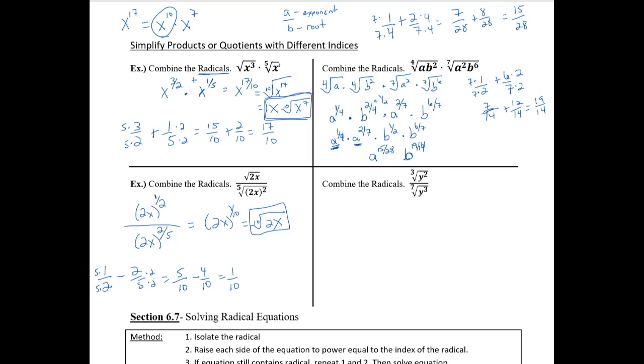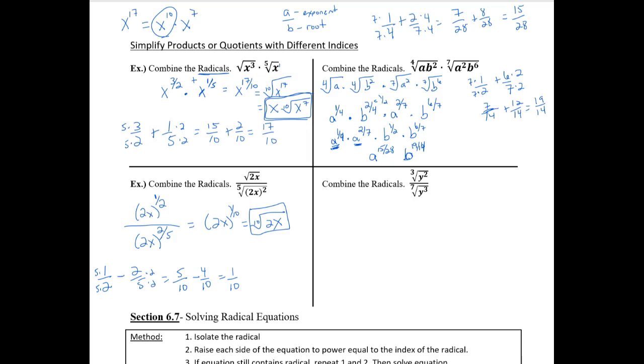And again, we want to rewrite this with radical notation. So if I want these to go under the same radical, they need to have the same denominator. So I'm going to go ahead and make that 19/14 into a denominator of 28.